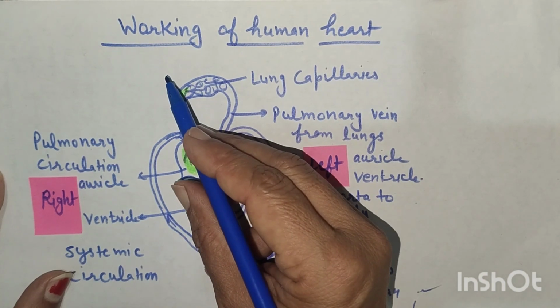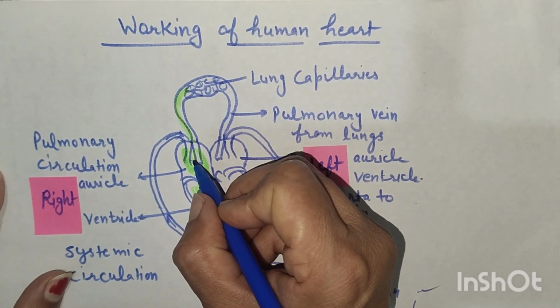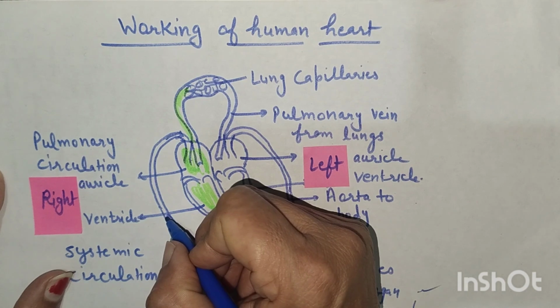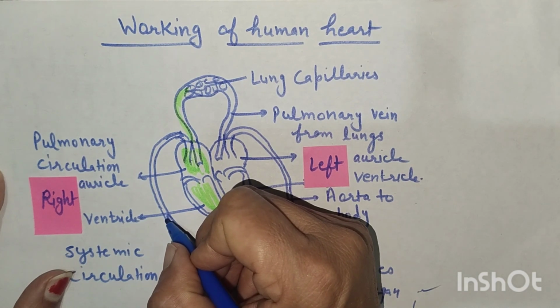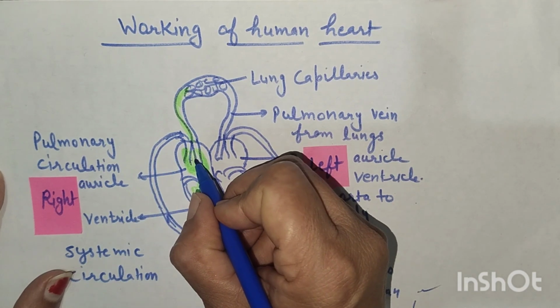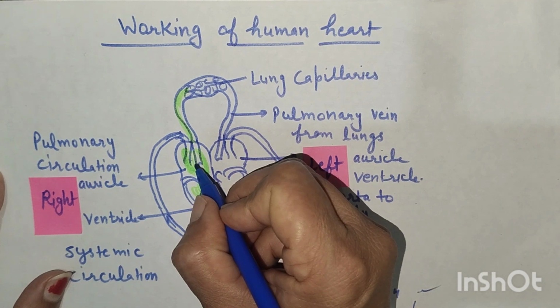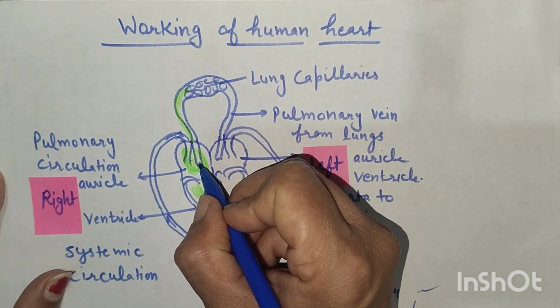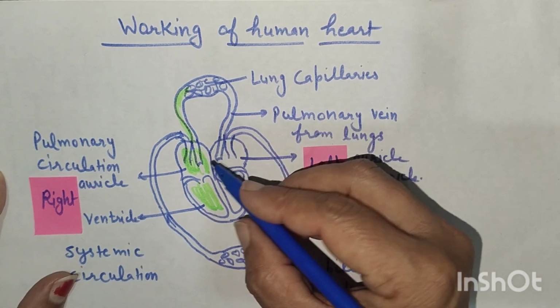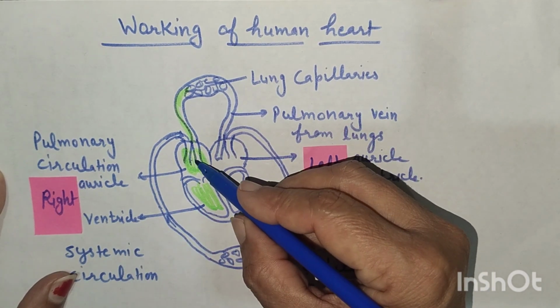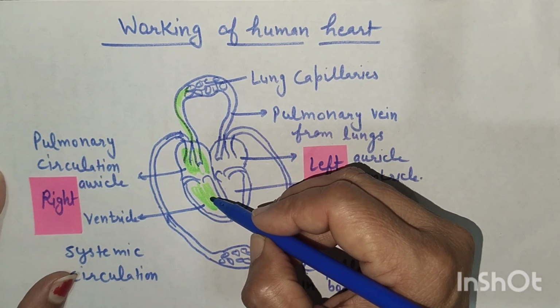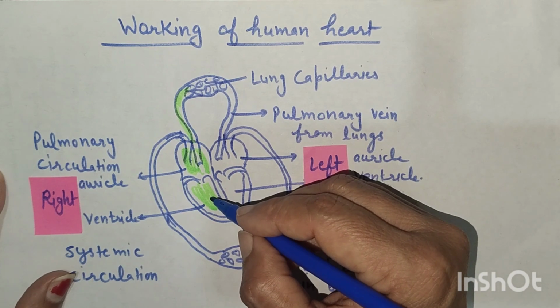The superior vena cava gives blood from the upper part and the inferior vena cava gives blood from the lower body part. The right auricle or right atrium receives deoxygenated blood from the upper as well as lower body parts, and then this blood goes to the right ventricle.